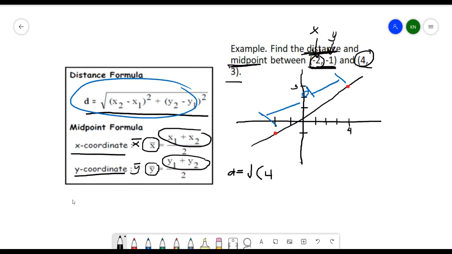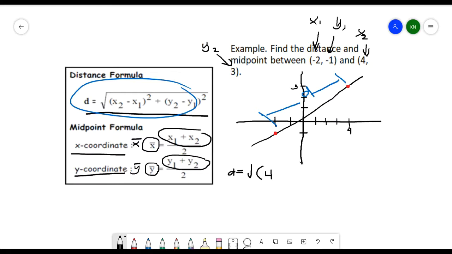Since that is negative, let's just erase this so that we won't be confused. So again, this is our x sub 1, this is our y sub 1, this is our x sub 2, and this is our y sub 2.